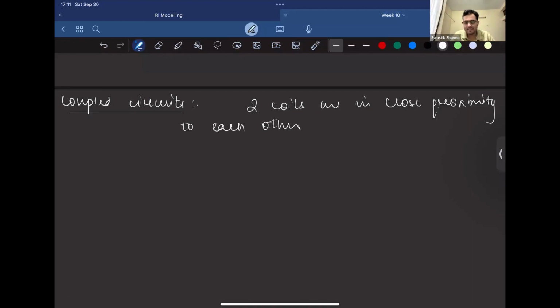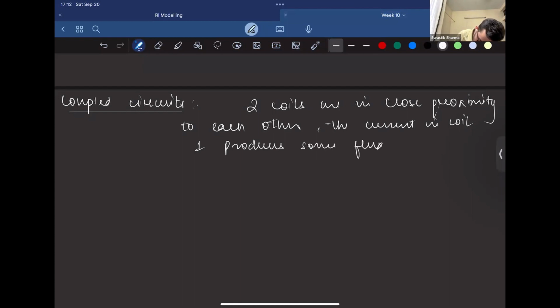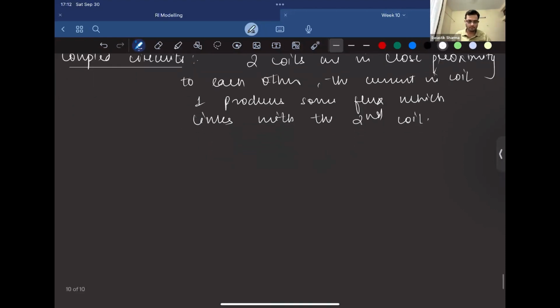If one coil is energized and is placed in close proximity to another coil, it will start linking flux in the second coil too. Right.